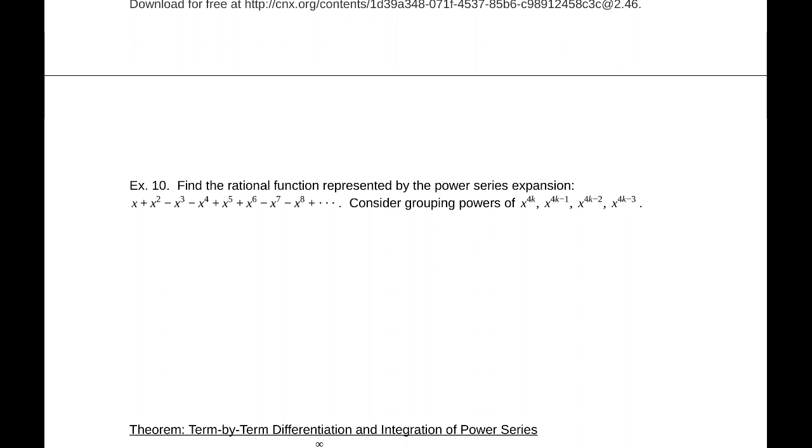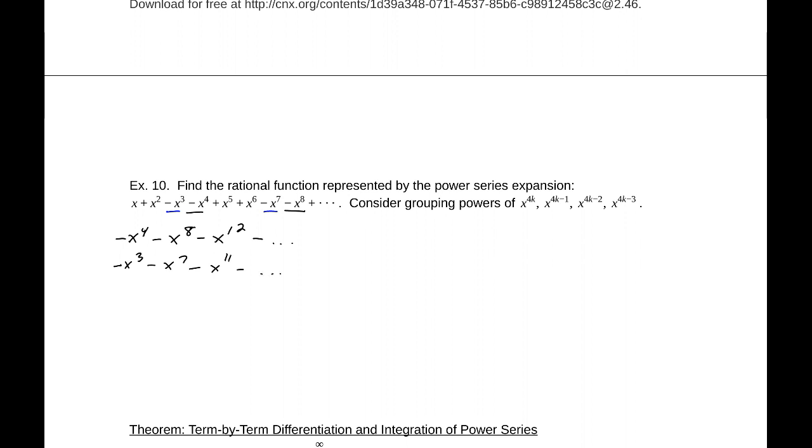So my powers of 4 are these. So I have negative x to the 4th minus x to the 8th minus x to the 12 minus, continuing on, all right, x to the 4 minus 1, so this will be an x cubed, minus x to the 7 minus x to the 11.